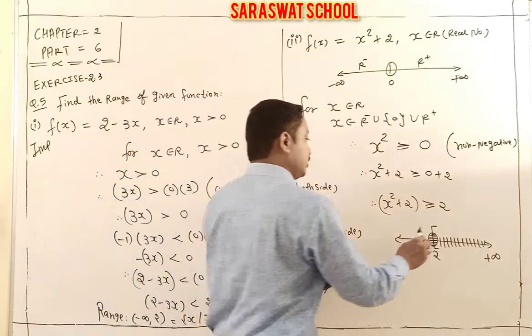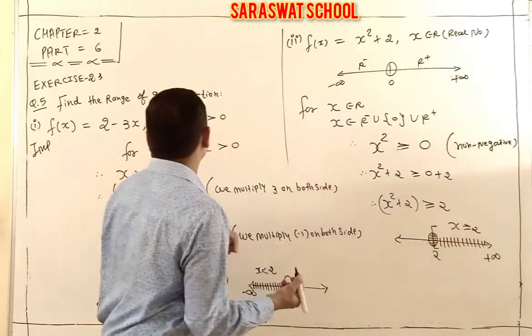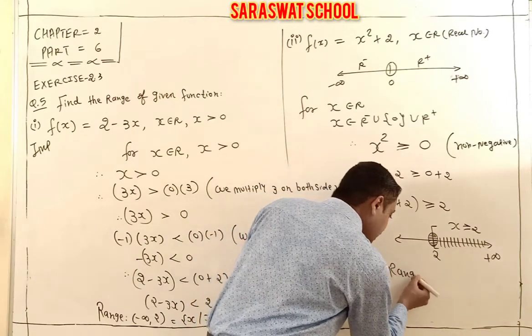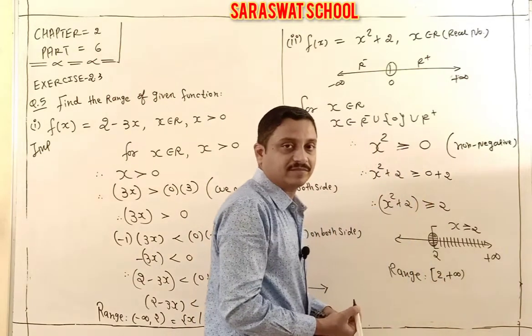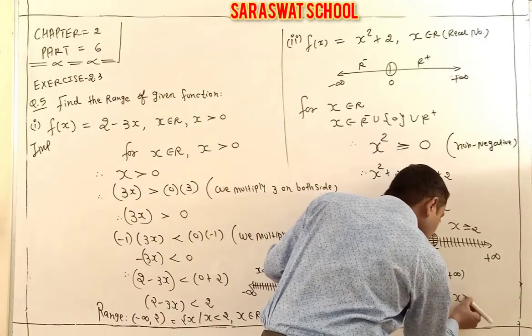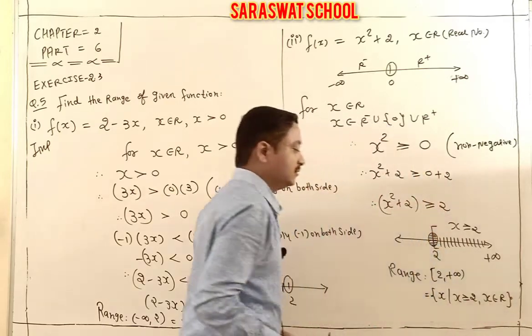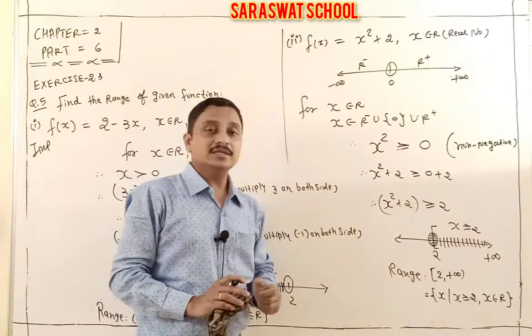So this indicates your answer x greater than or equal to 2. So what is your answer for the range? Yes, range is closed bracket 2 to plus infinity, otherwise x such that x greater than or equal to 2, x belongs to R. These answers are easily done for question number 2.